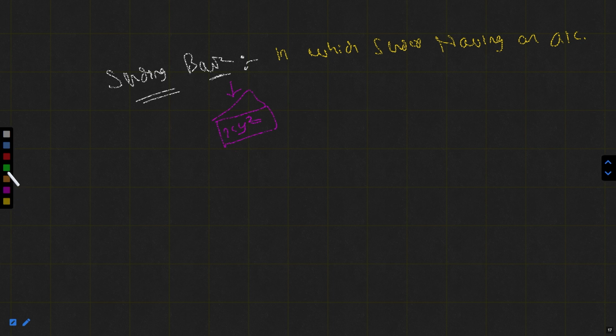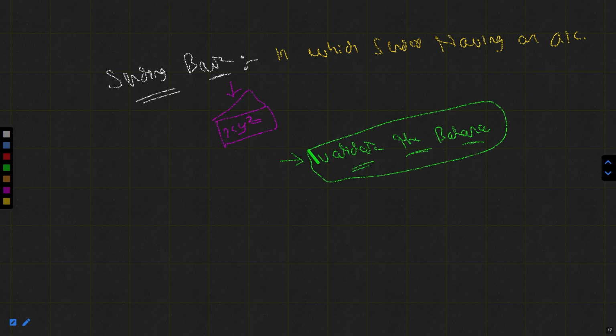The first thing they will validate is the balance: the amount which you have filled in to transfer, is that amount present in your bank account or not?